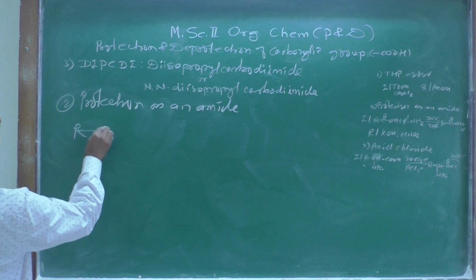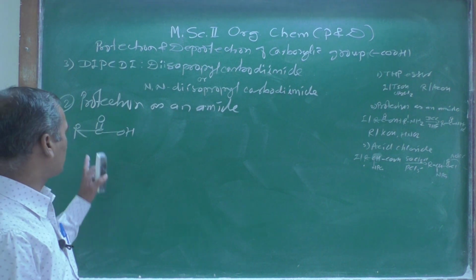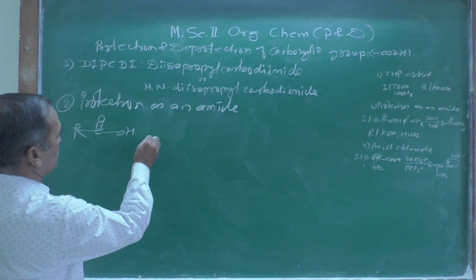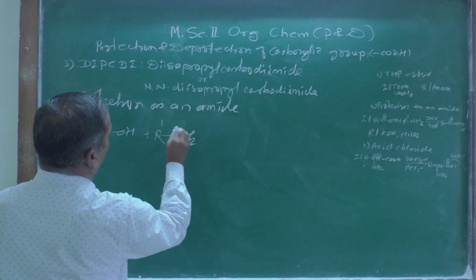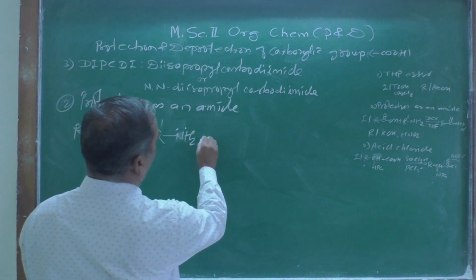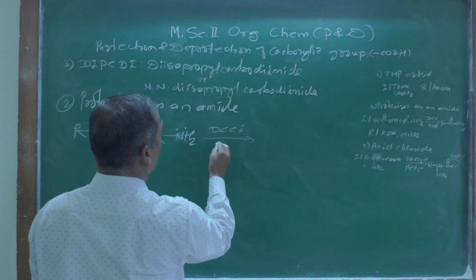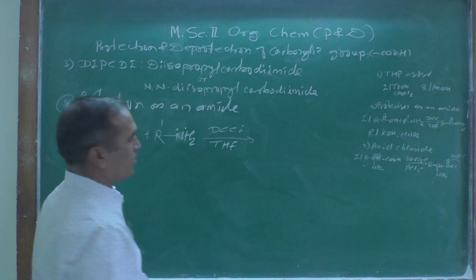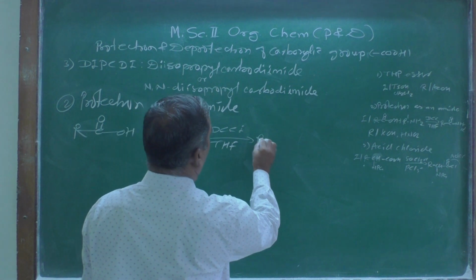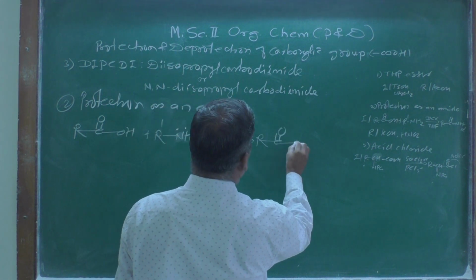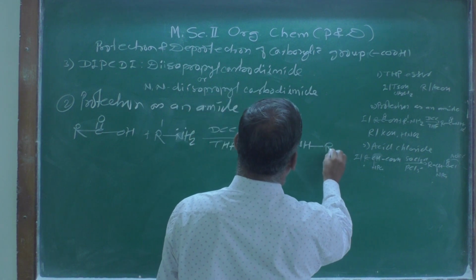Suppose the starting compound is R C double bond OH, that is an acid, and this will be treated with R dash NH2, a primary amine, in the presence of DCCI, and tetrahydrofuran used as a solvent. What do you get? You get R C double bond O, NH, R dash.